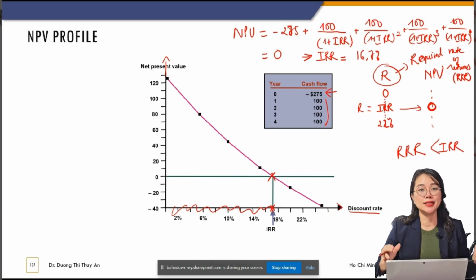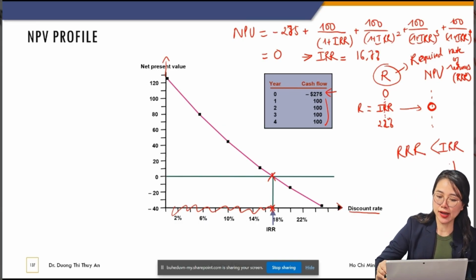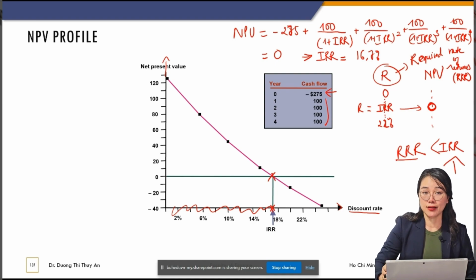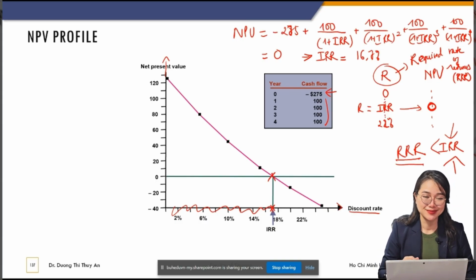So that is the criterion for IRR. You find the IRR and compare it with the required rate of return. If IRR is greater than the required rate of return, then we accept the project because it means the NPV is greater than 0.